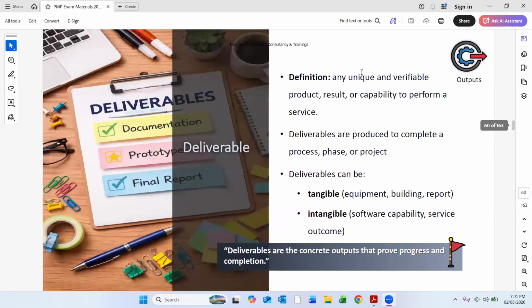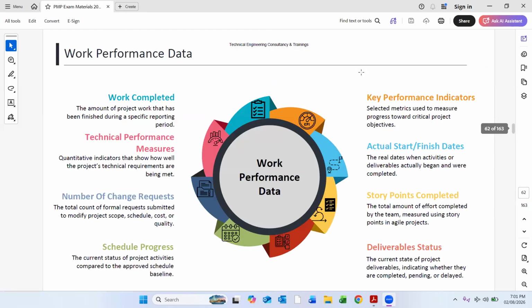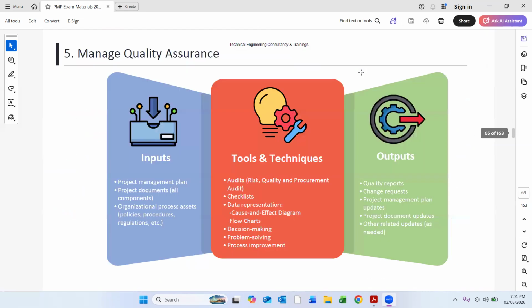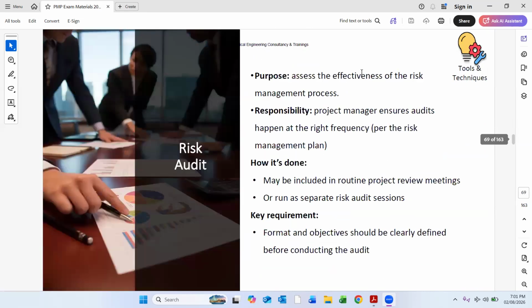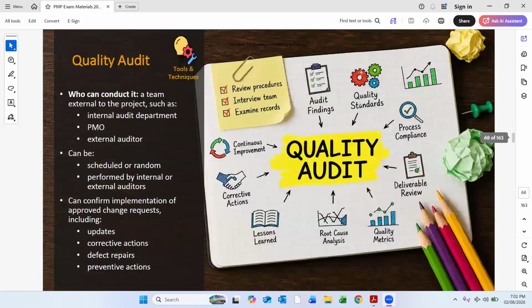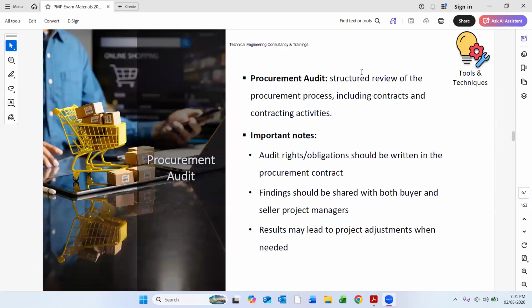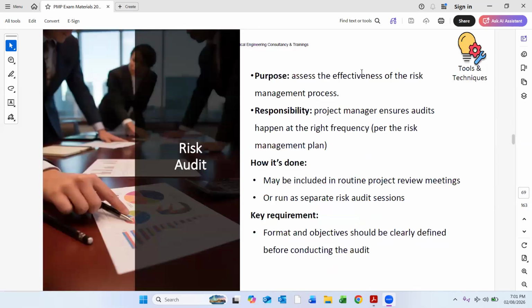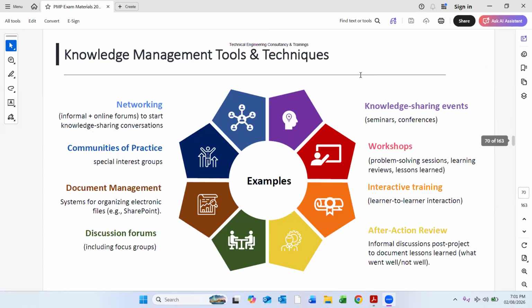PMS, these are completed, right? Yes, completed. Until audit we have completed. Risk audit completed. Okay, this is the next slide. Quality audit also completed. So procurement audit, quality audit, risk audit completed, right? Yes, completed, sir.